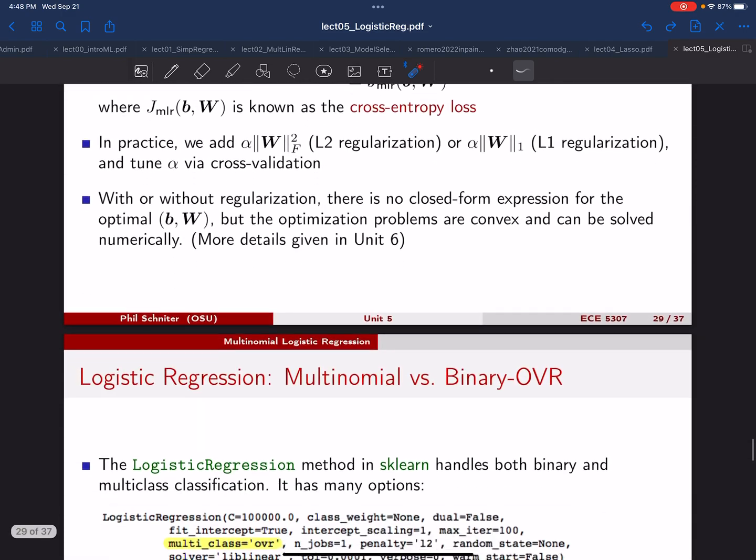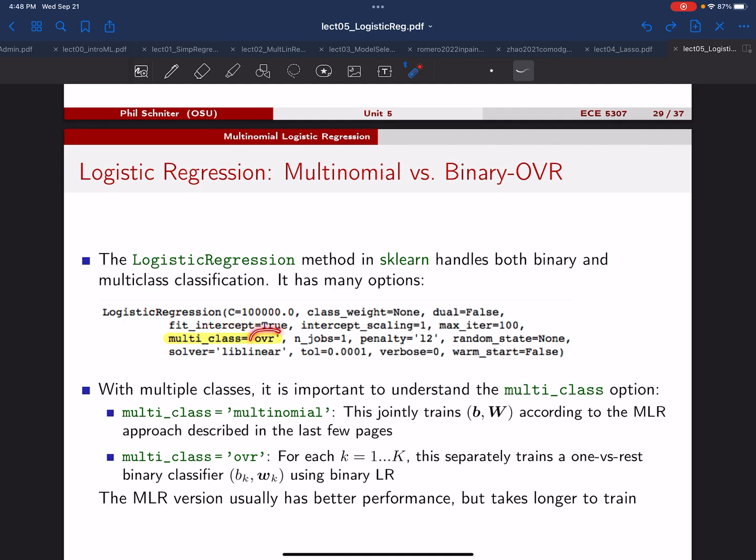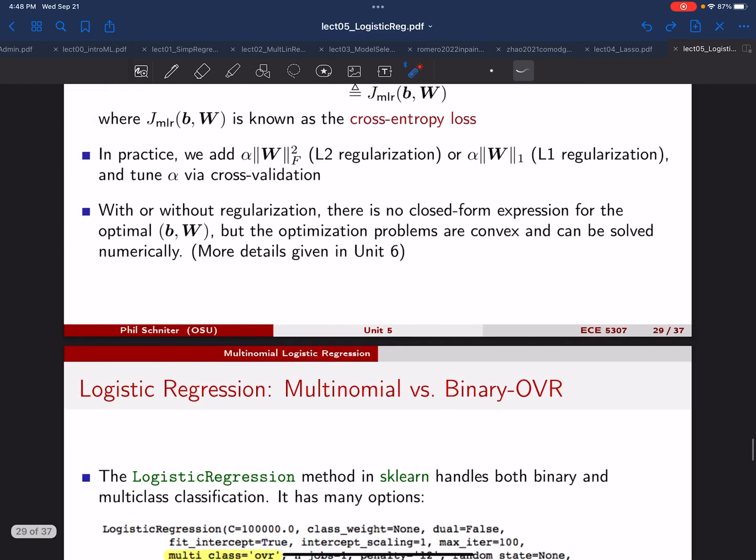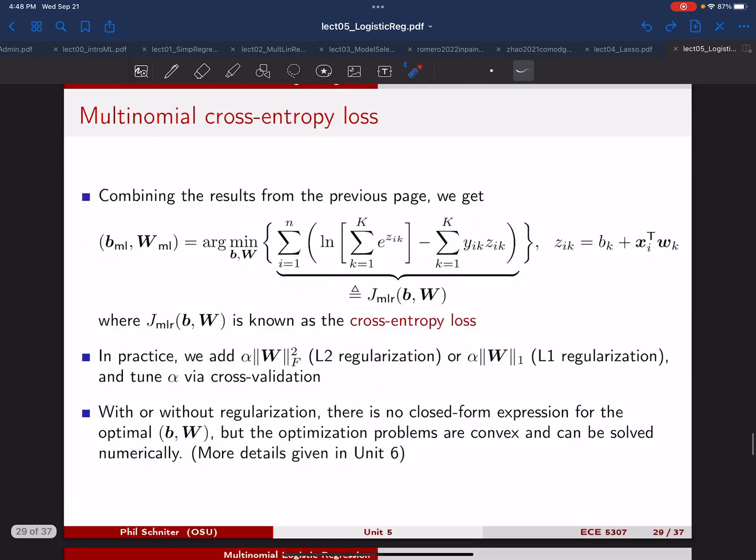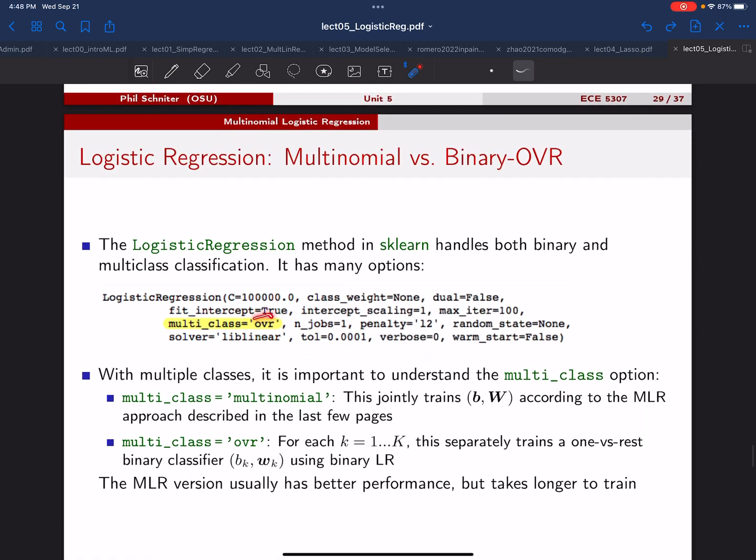That is controlled by this. If you put in OVR, that is the simple case where for each k, it separately trains a one-versus-rest binary classifier using binary logistic regression. But if you want to use the fancier approach that we just derived, then instead of OVR you need to put in multinomial, and then it does true multinomial logistic regression. What you find is that it usually works a little bit better, but it takes longer to run because it's computationally more challenging. Another important parameter here is the penalty. You can choose L2 or you can choose L1.